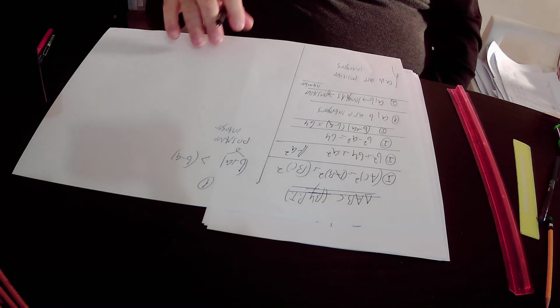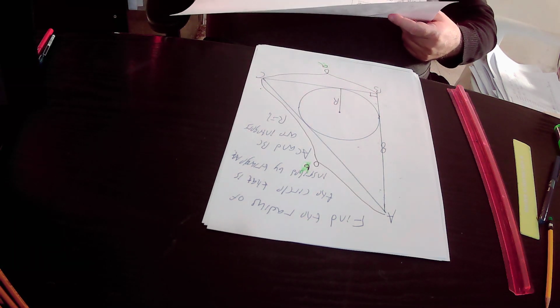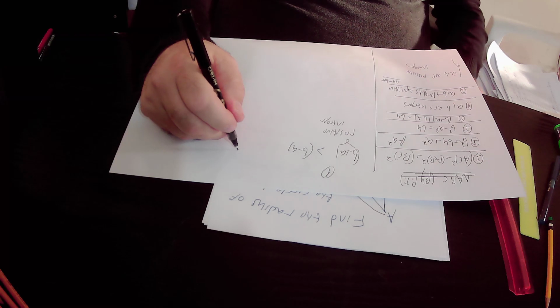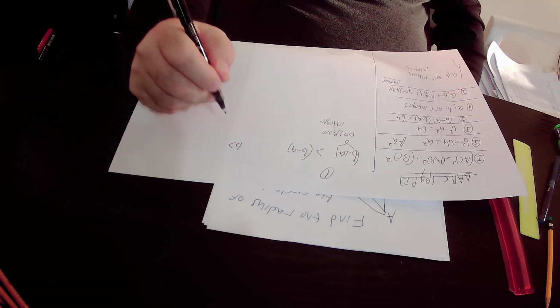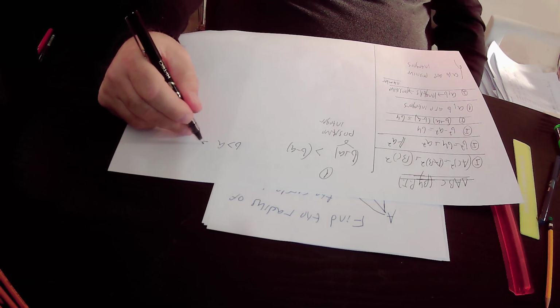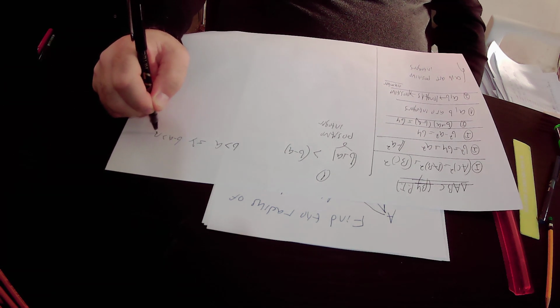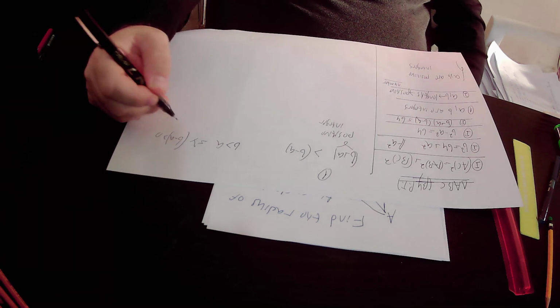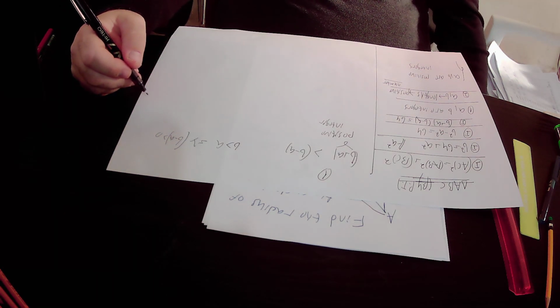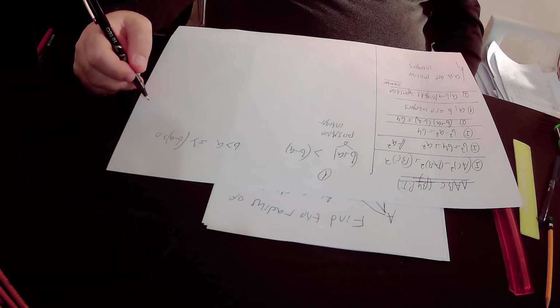Also we know that b is the hypotenuse of the right triangle ABC. Therefore, the hypotenuse b will always be greater than the perpendicular a. So b is greater than a. We subtract a from this inequality and we get that b minus a is greater than 0. So b is a positive integer, a is a positive integer, and b minus a is a positive number.